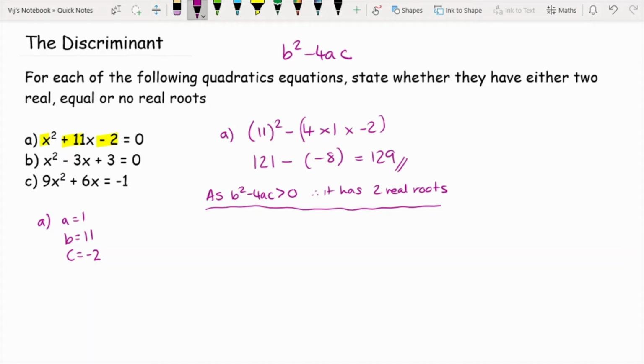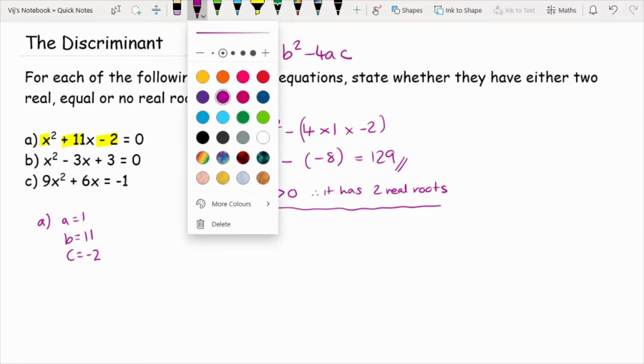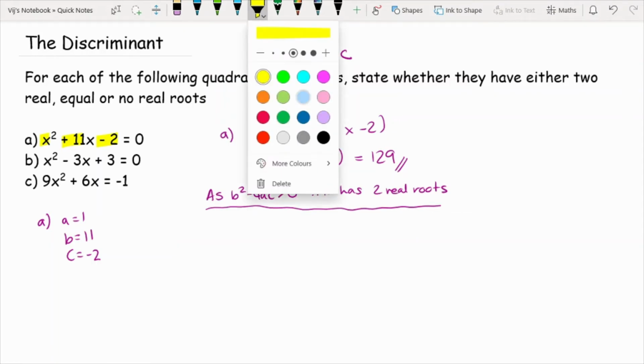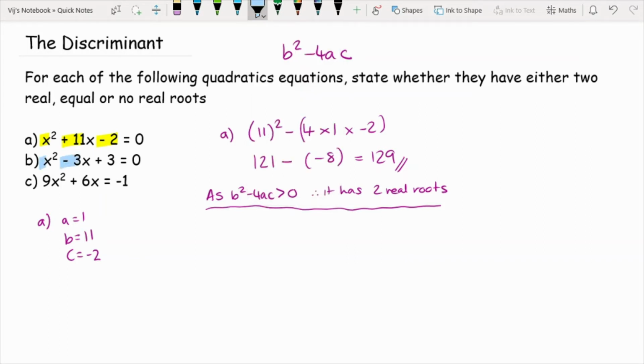So moving on to B, let me do that in a different colour just to make it stand out a little bit. Let's go for blue. So again, we highlight what our a, b, c values are going to be. So here I've got 1 for a, minus 3 for b, positive 3 for c.